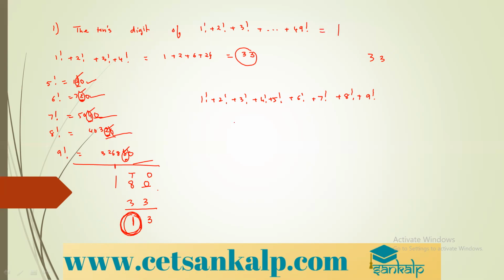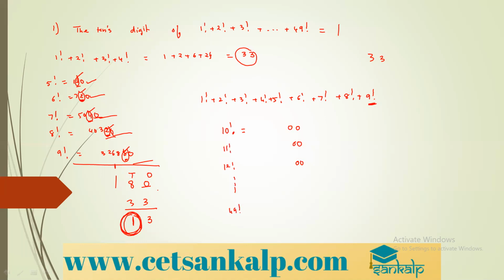Now the question is, why did I add only till 9 factorial? Why did I not go till 49 factorial? What happens is, after 9 factorial, if you start with 10 factorial, it will have 2 zeros in the end. 11 factorial also will have 2 zeros. 12 factorial also will have 2 zeros.